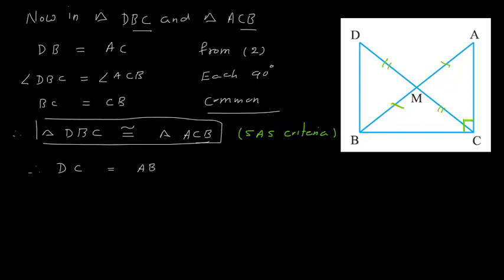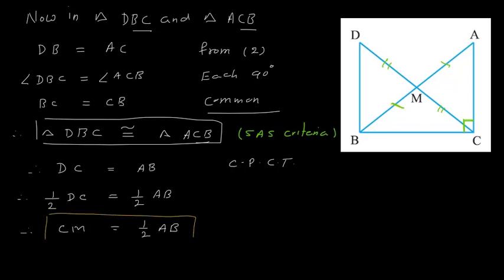Now DC is equal to AB. This is corresponding part of congruent triangles. Therefore, half of DC will be equal to half of AB. Therefore, CM, this half of DC is CM, is equal to half of AB. So this is our last part which we need to prove. So I have put this in bracket.